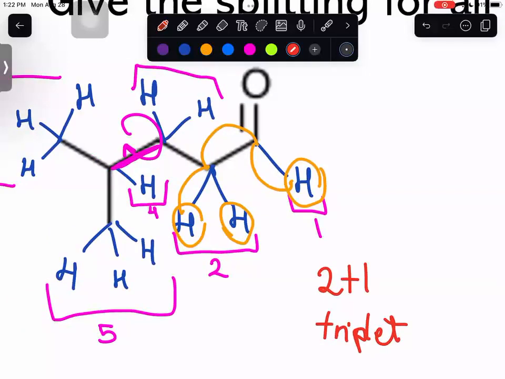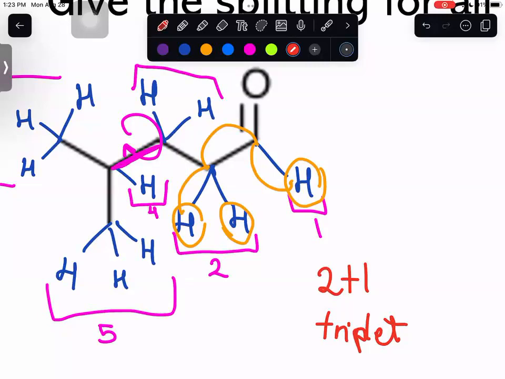Okay, now, what about signal number 2? Everyone agree? Left, one, right. What do we think? Quintet or quartet? Oh, okay, yes, don't confuse those terms, but you are correct. They are a quartet.